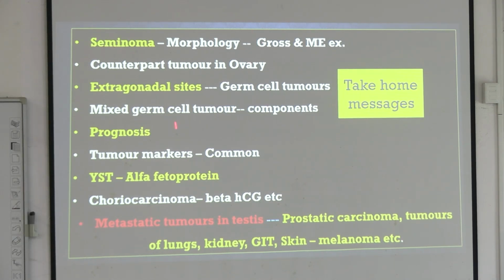The prognosis of seminoma, the tumor markers in testicular tumors, yolk sac tumor and choriocarcinoma, what is found, and secondary or metastasis, any of them can come. These are the short things you have to write for oral and short note purposes. Very important things you can commonly get in the outdoor exam, and this is really important for your MCQ, short note and oral questions. Clear? Any question?